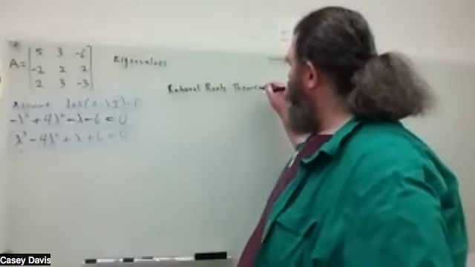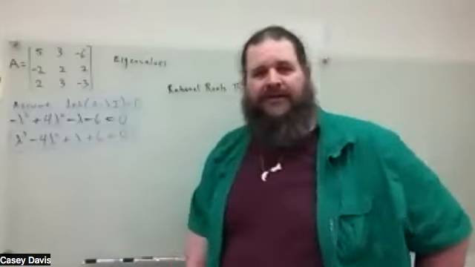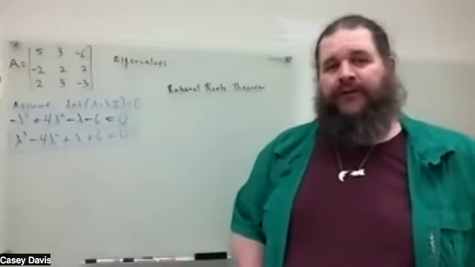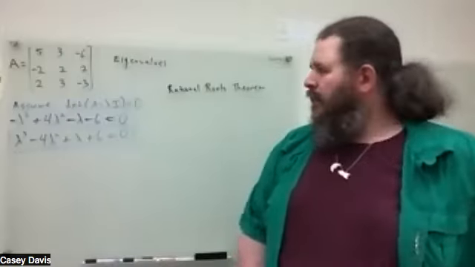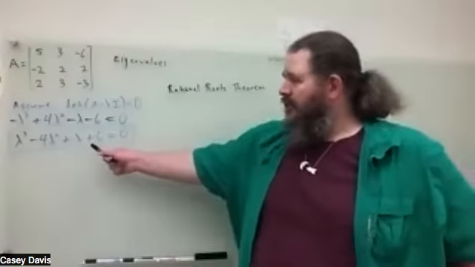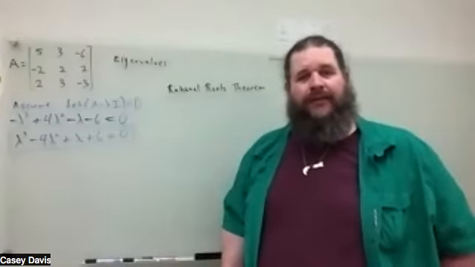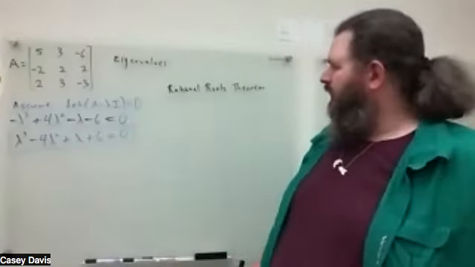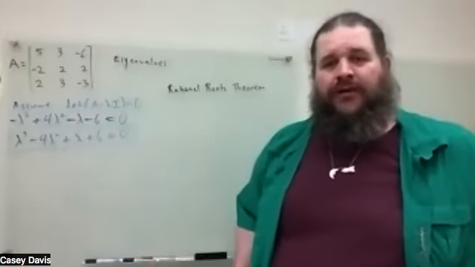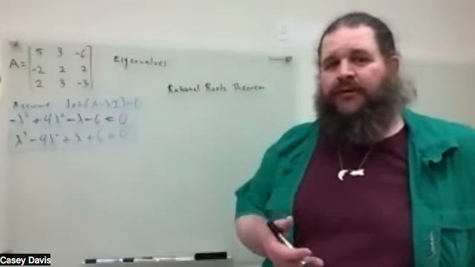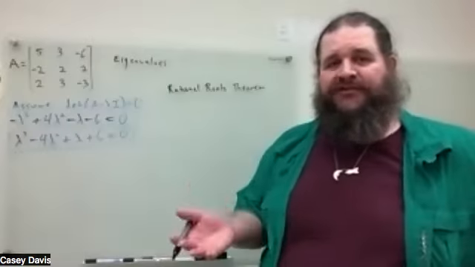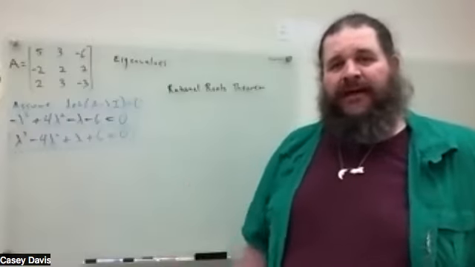The rational roots theorem applies to any polynomial, at least any polynomial where you can write the coefficients as whole numbers. The idea is if you've got a polynomial of any degree whose coefficients are whole numbers, that polynomial might have rational roots. Maybe they're all rational, maybe they're all irrational, maybe some rational, some irrational.